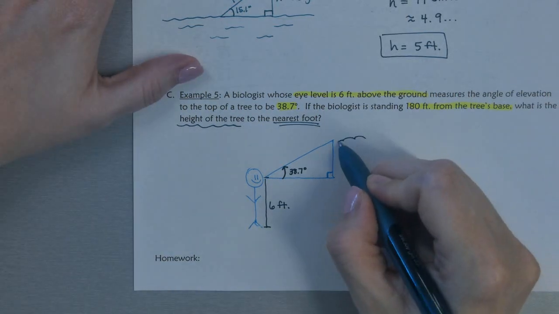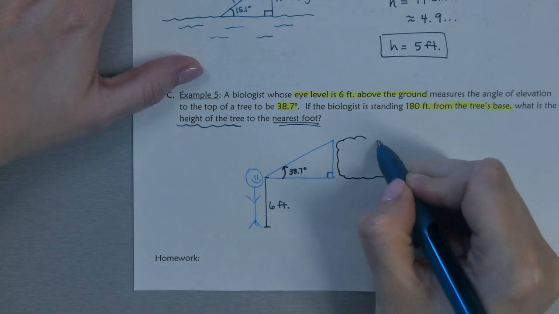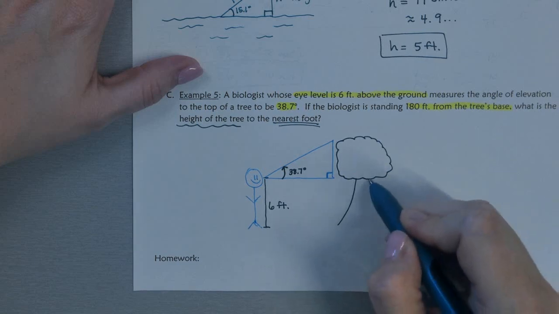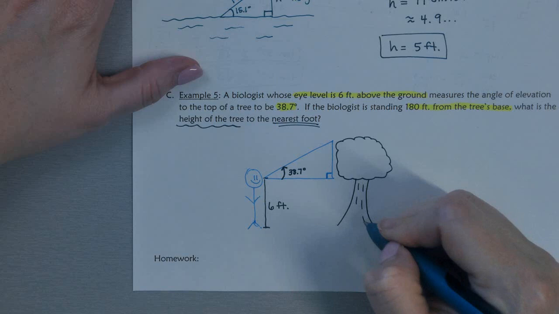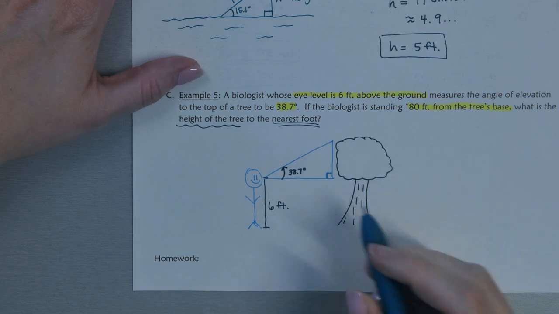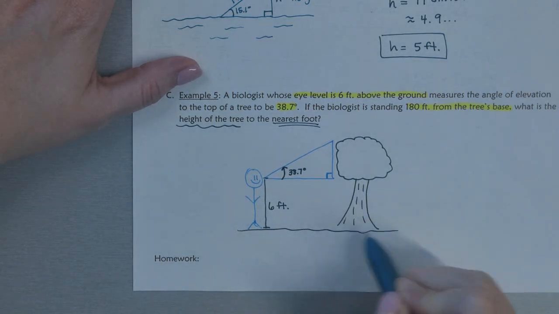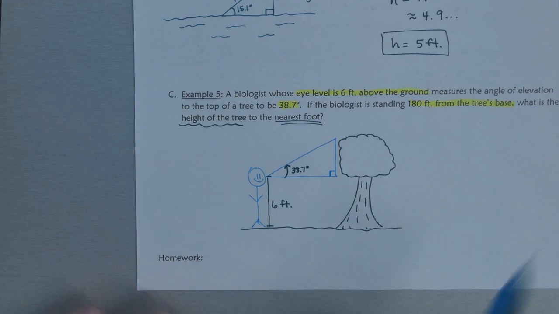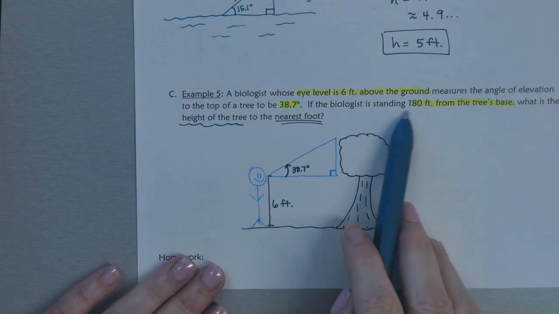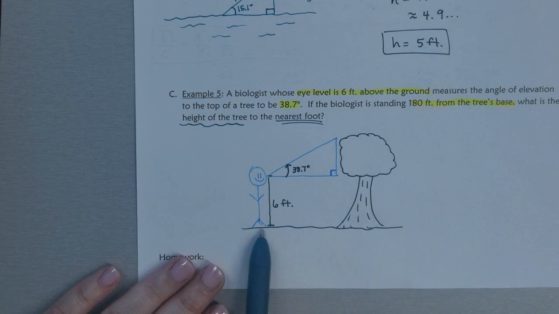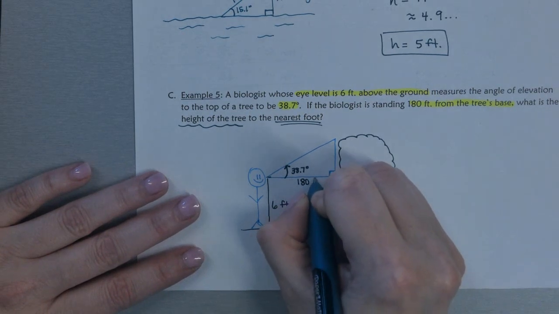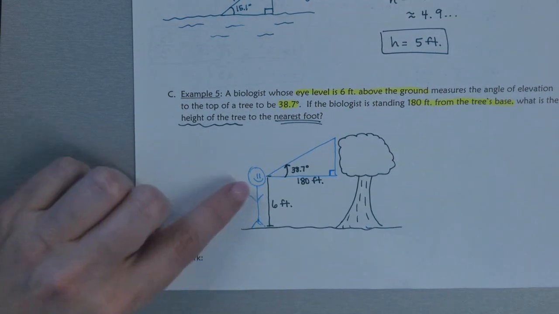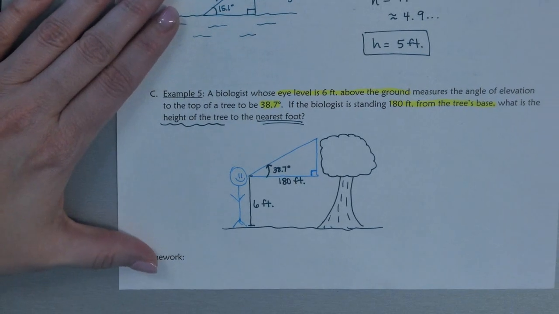And then this was to the top of the tree, so I just made a little tree here. This is obviously not going to be drawn to scale, because it tells me that the biologist is standing 180 feet from the tree's base. So from here to the tree's base, the bottom would be 180 feet. Obviously that's not the scale based on what I have.